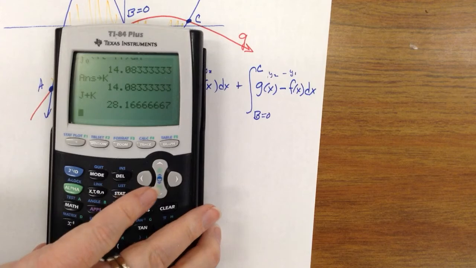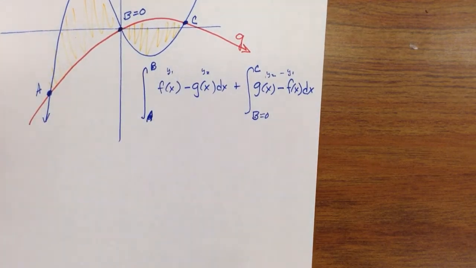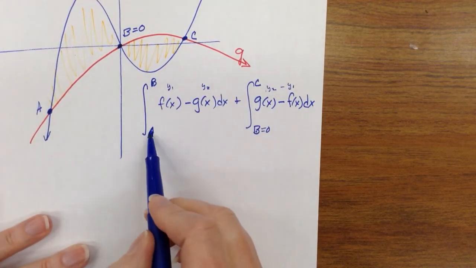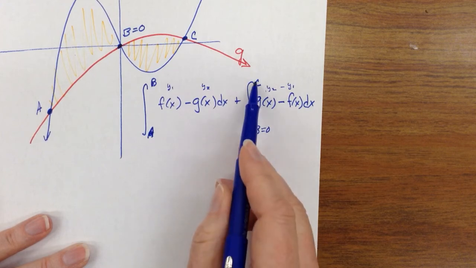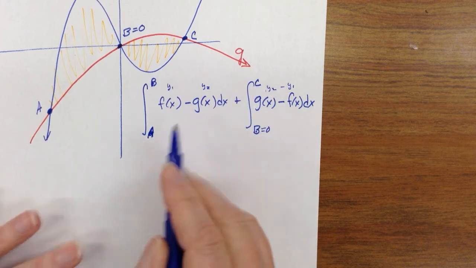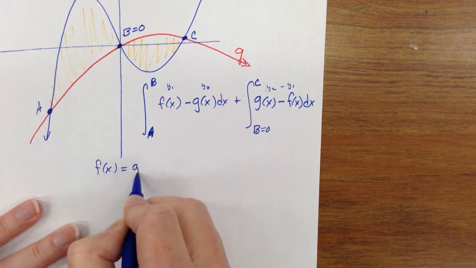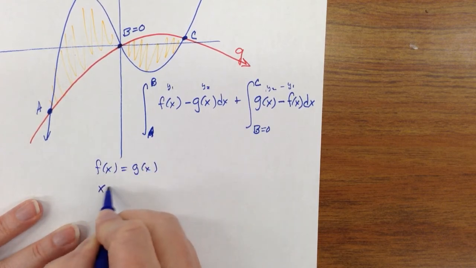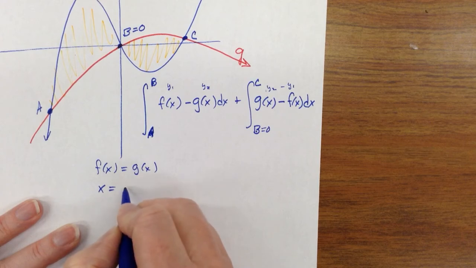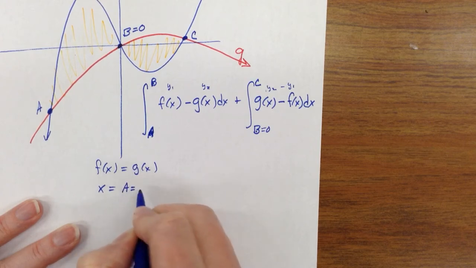Now, as far as the work we would need to show, we would want to show where we got these values and what they were. So I would want to show that I set f and g equal, and I got A, which is, oh, I totally forgot what that was.